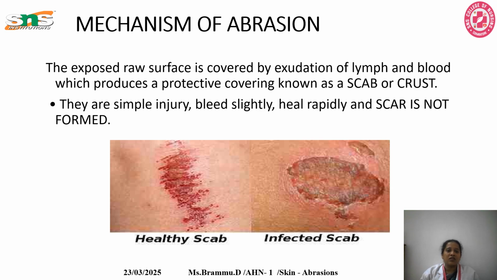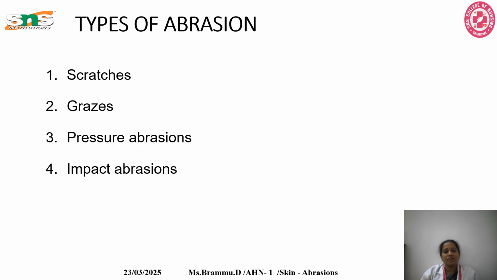Soon after the friction, you can see that the raw surface is exposed, and you can see the exudation of the lymph as well as the blood, which produces a protective layer, which we call a scab or the crust. These are simple injuries, they bleed slightly, heal rapidly, and scar is not formed in the initial stage of abrasion.